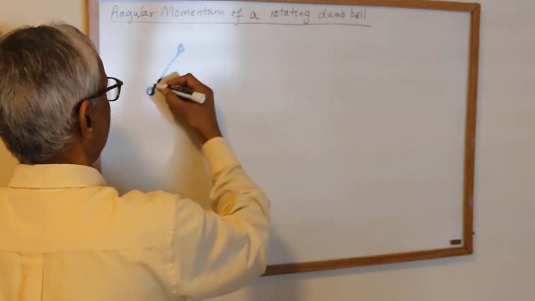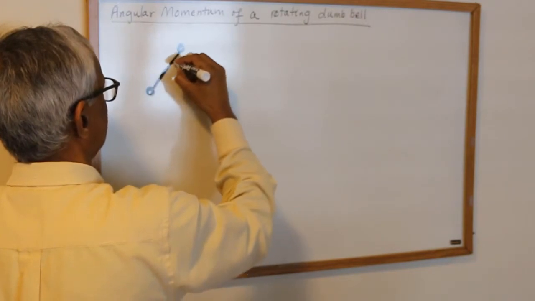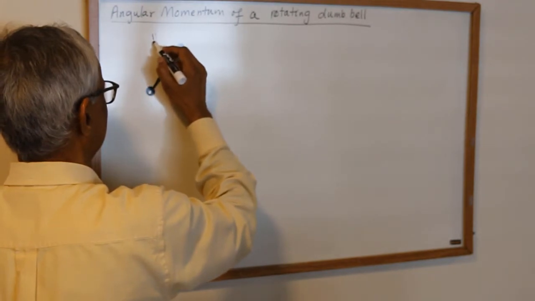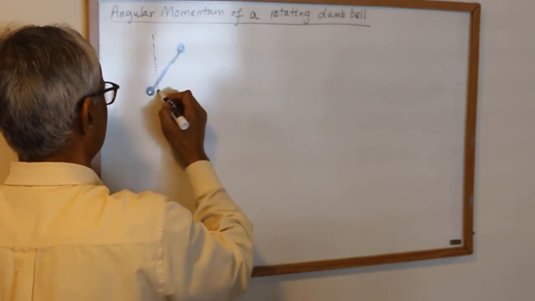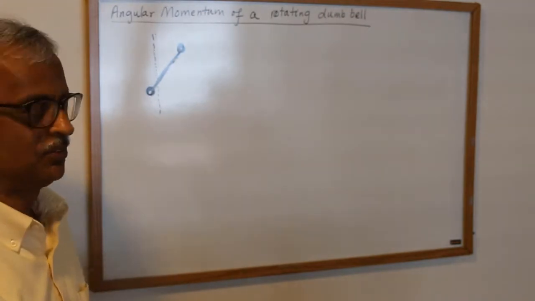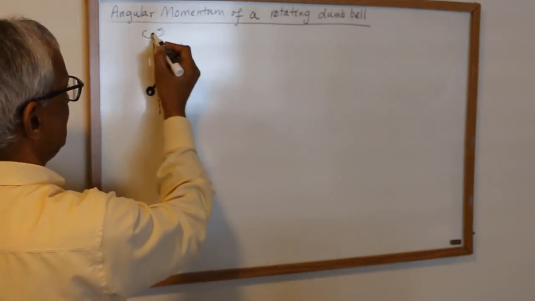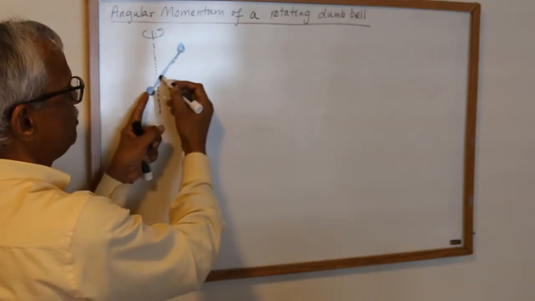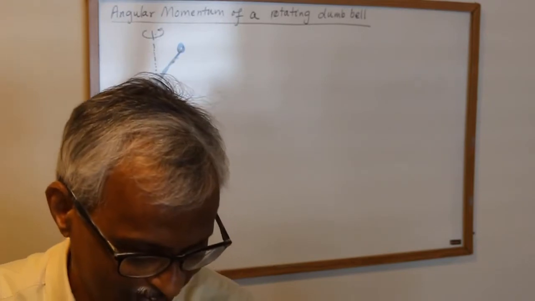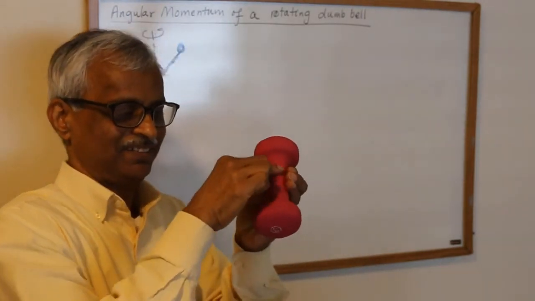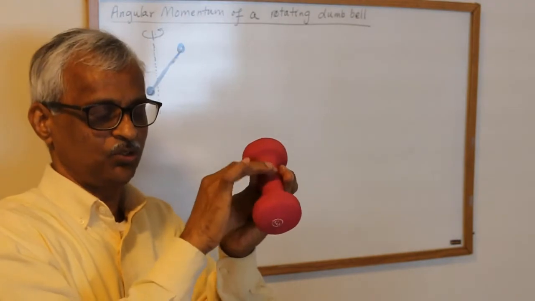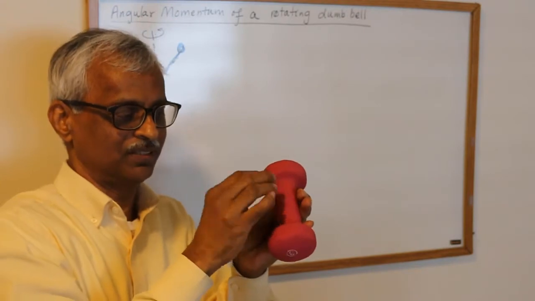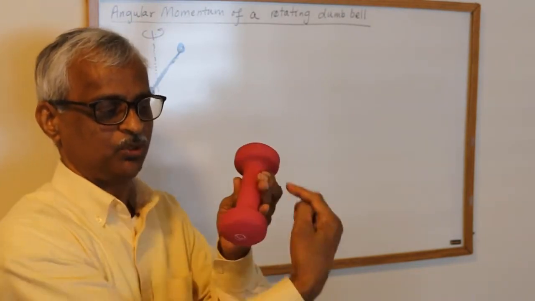And we can say I'm going to rotate about this axis. I'm also going to assume that the joining part has much less mass compared to these guys, and so I can just ignore the angular momentum of the motion of these parts.